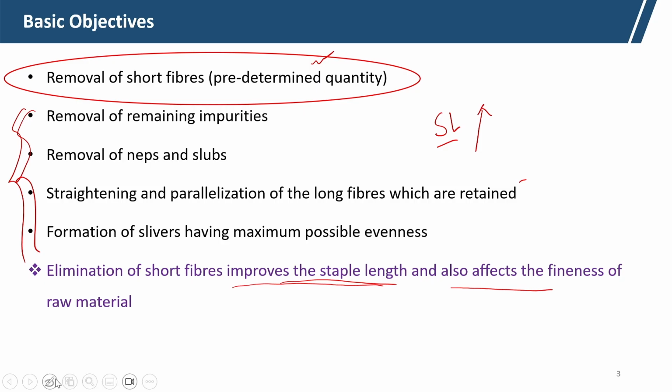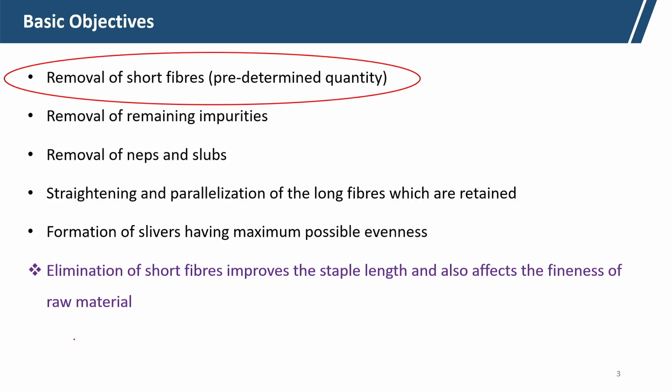Now, if we see here for cotton, cotton being a natural fiber. Suppose within a cotton ball, this is the cotton seed, here the fibers will be there, this is one fiber, another fiber is a short fiber. So, this is a long fiber.